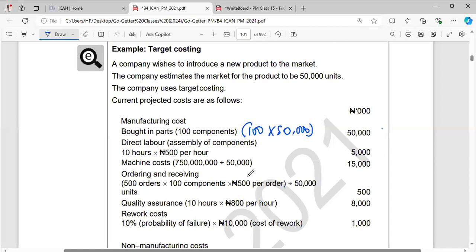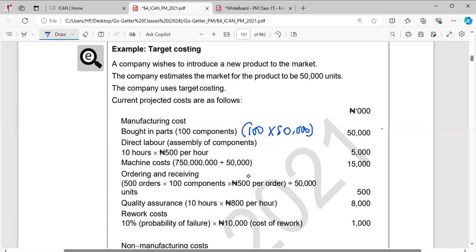Then we have ordering and receiving. We have 500 orders, and we have 100 components that are bought in. Then we are charging them 500 naira per order. So 500 orders are being made, right?